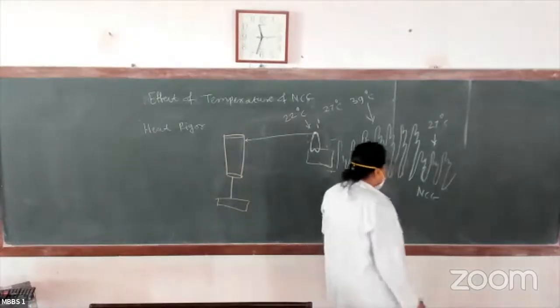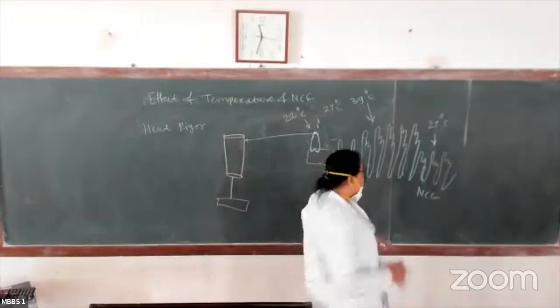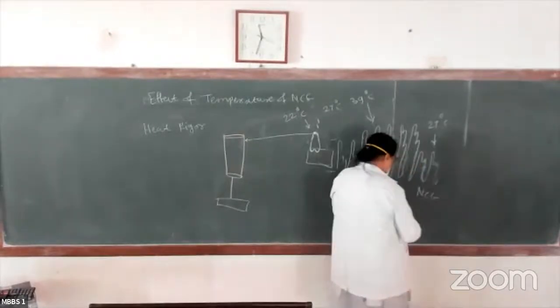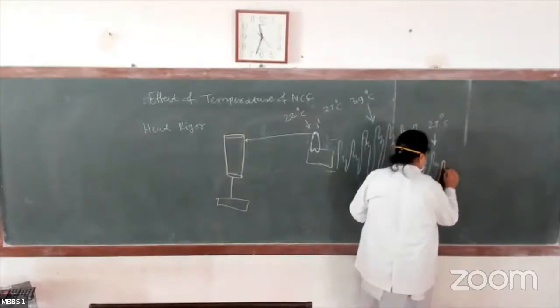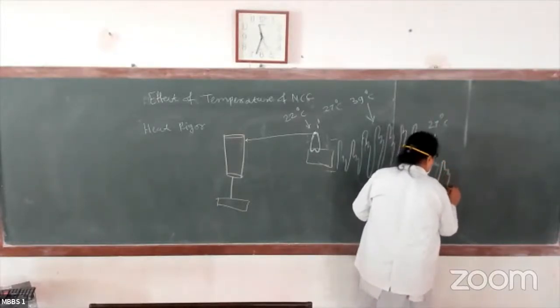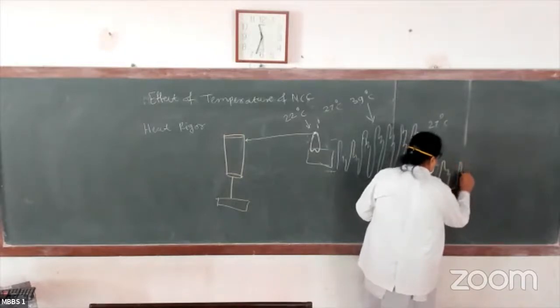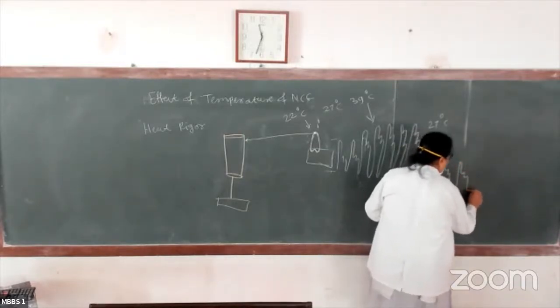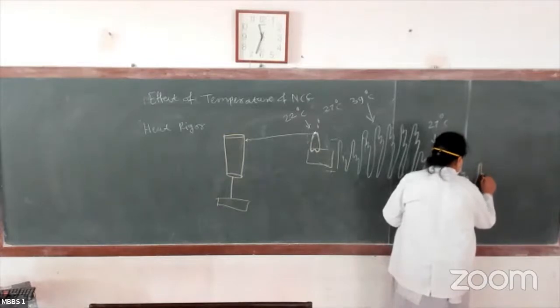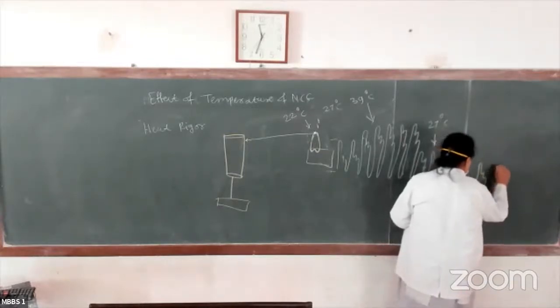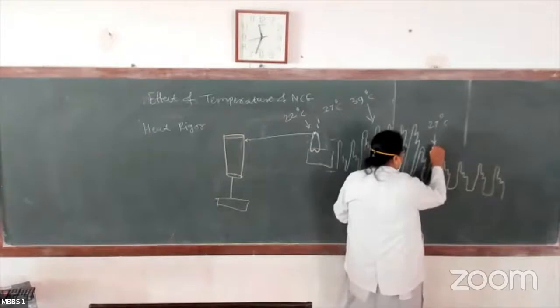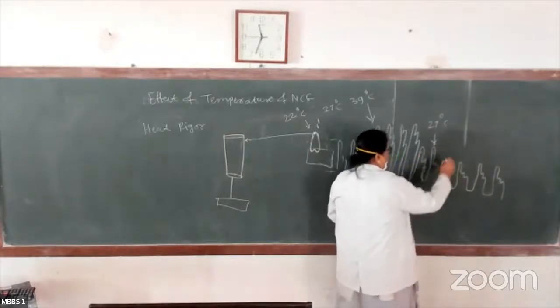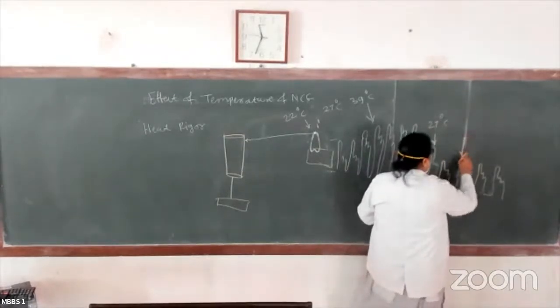After pouring the normal ringer solution, we draw the graph. For comparison, you have to draw the normal cardiogram and then the effect of the cold ringer solution.